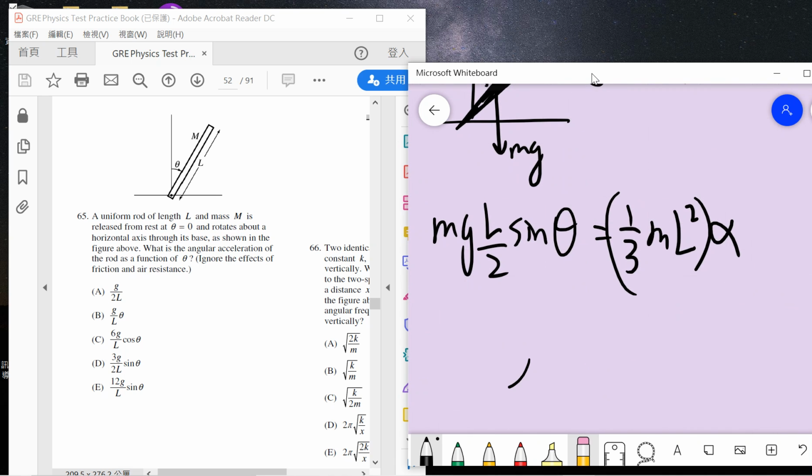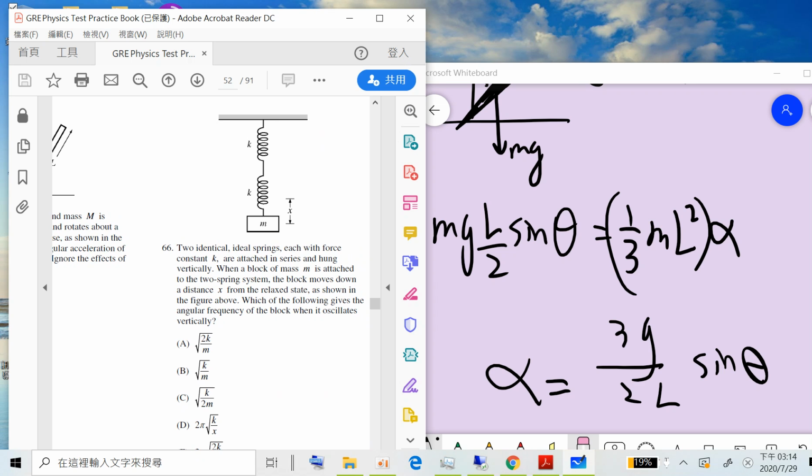We can solve for the angular acceleration. Basically, the answer is D: 3g divided by 2L times sine theta. Yeah, so that's it.